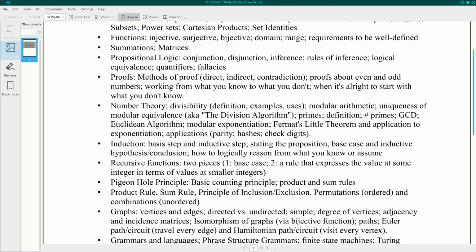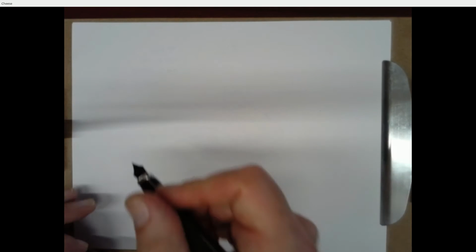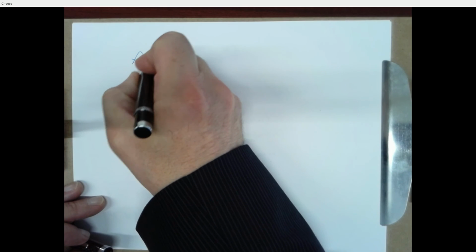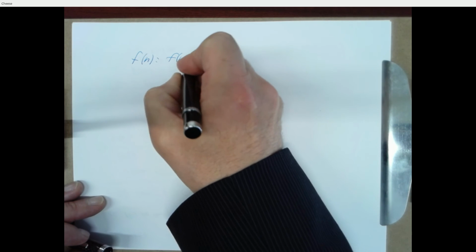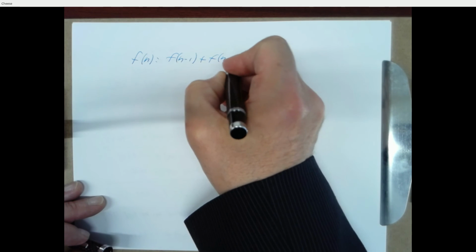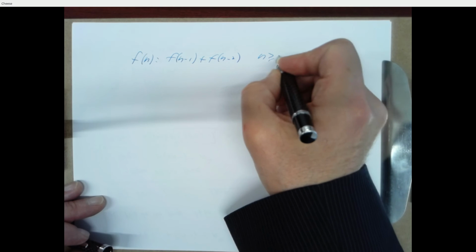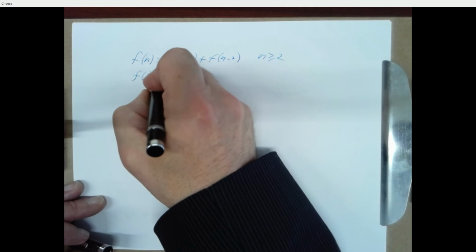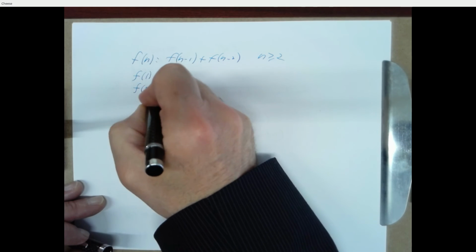So recursive functions, we've been going crazy on these in 222. But in general, a recursive function is a function defined in terms of itself, but usually in terms of smaller values of itself. So f(n) equals f(n-1) plus f(n-2).